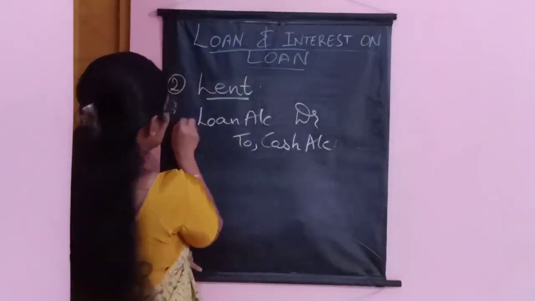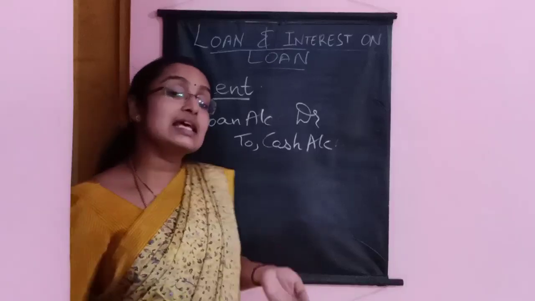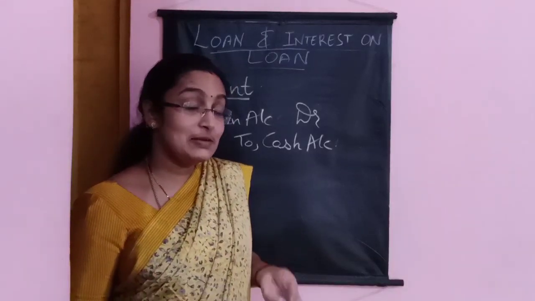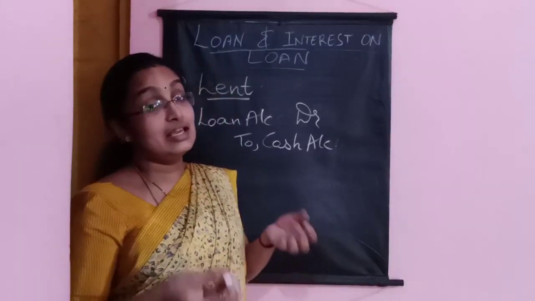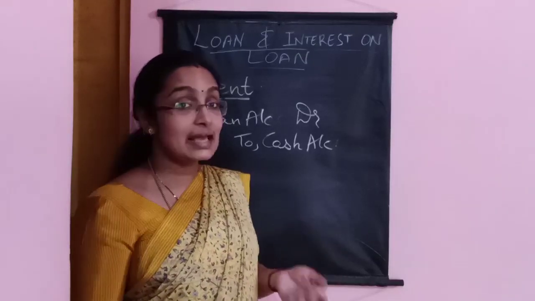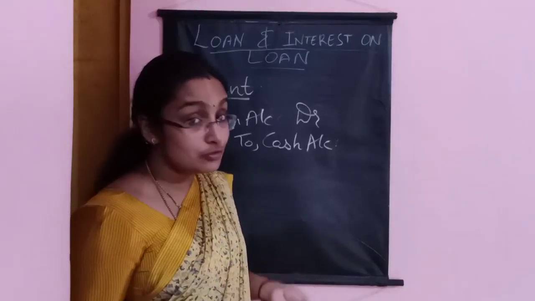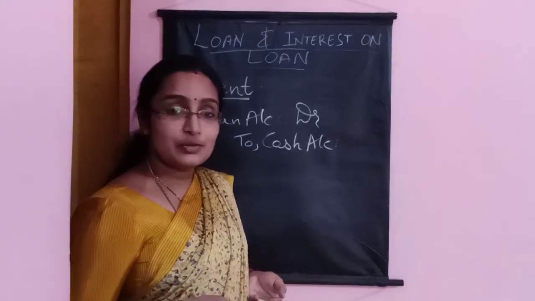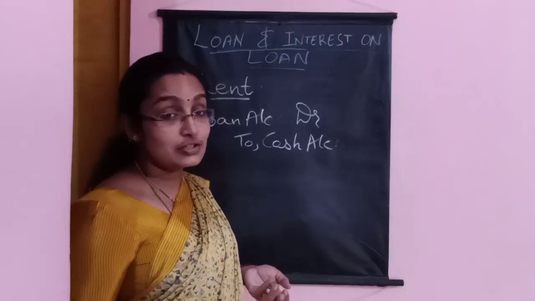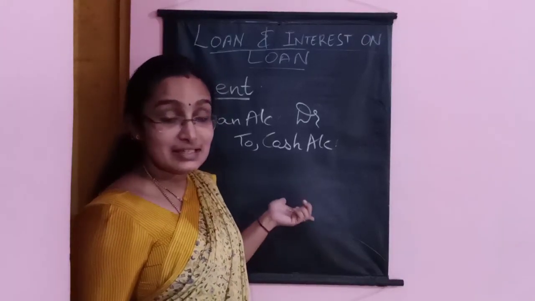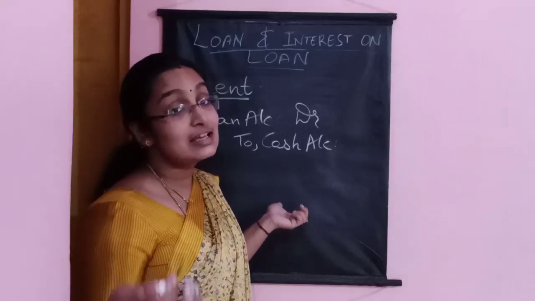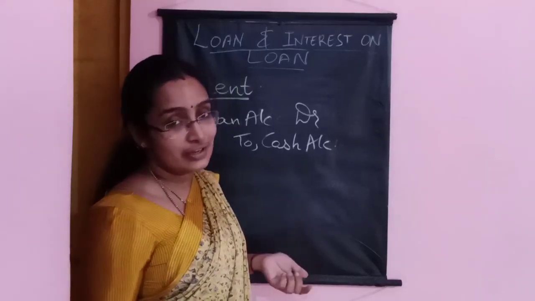Now when Mr. Z is giving us the interest on the loan lent, then the interest becomes our income and cash is coming into our business, and as per the rule of real account, debit what comes in. The cash balance is increasing, due to which the cash account will be debited, and interest, as it is our income, will be credited.